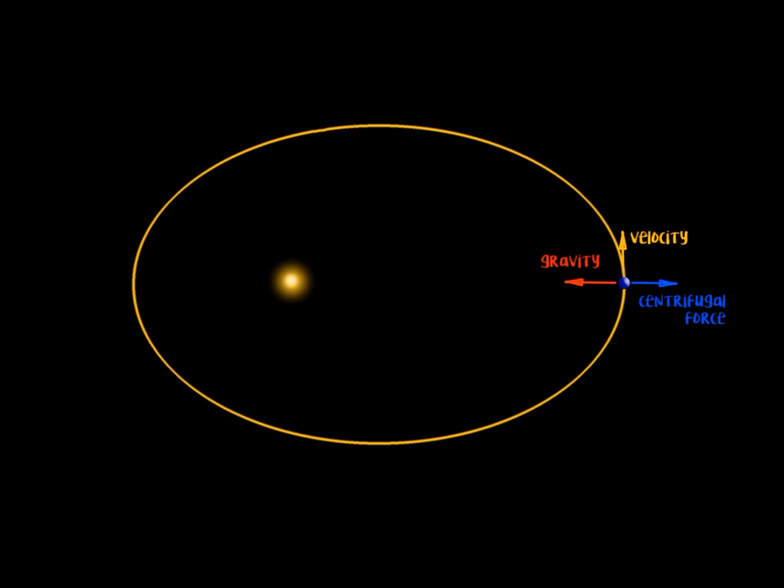At one point, its velocity is so small that it cannot get further away from the star and changes direction again and comes back. It's like a dance. Gravity is dancing with centrifugal force.